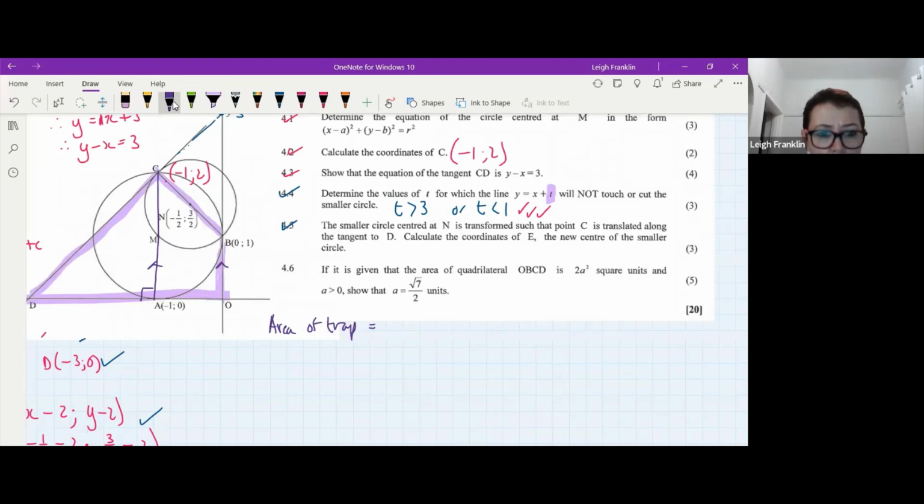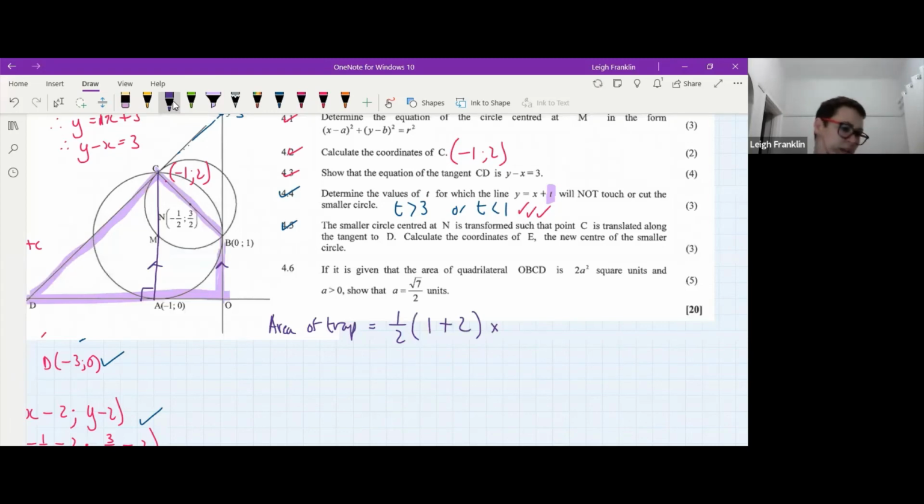Okay, so the area of the trapezium is going to be half the sum of the parallel sides. So the one parallel side is 1 unit long, that's OB. The other parallel side is 2 units long, that's AC, multiplied by the perpendicular height.